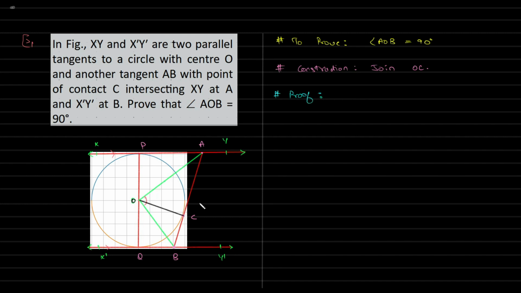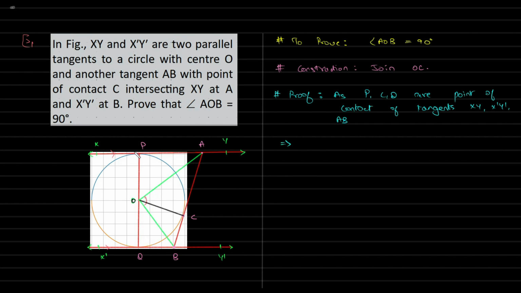See here, P, C, Q are points of contact, is it not? As P, C, Q are points of contact of tangents XY, X'Y', and AC, AB, this implies, what can we tell?